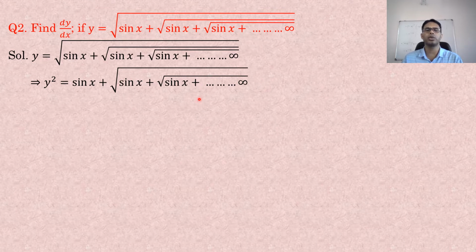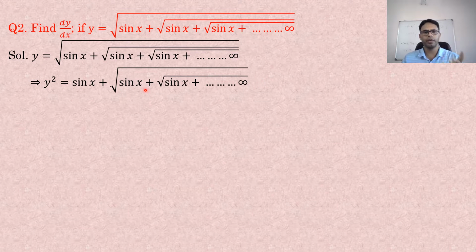Since the series is infinite, this total term can again be considered as y, because root sin x plus root sin x and so on up to infinity is taken as y.